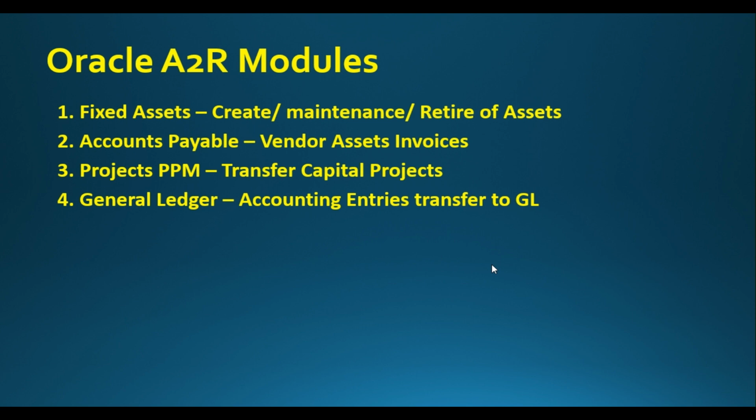So here, let me figure out what modules are involved in this A2R acquire to retire process. The dominating module here will be Fixed Assets, where we create, maintain, and retire that asset. This is the core module where you do almost 90% of the work.